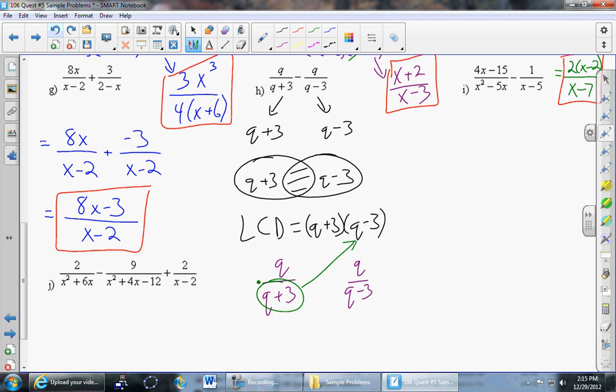Well, it's missing the q minus 3. So that's what we need to put. Q minus 3 there, and there. You got to multiply top and bottom by the same thing. But now the bottom is the right denominator. And what's missing for this guy? It already has the q minus 3. It's missing the other piece, q plus 3. So for this one, we multiply top and bottom by q plus 3.